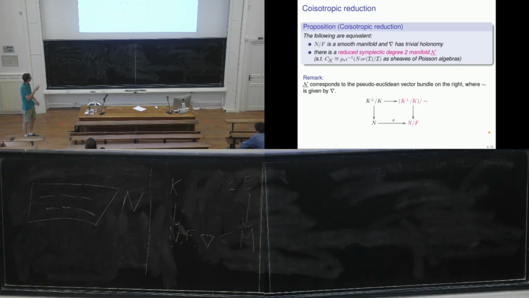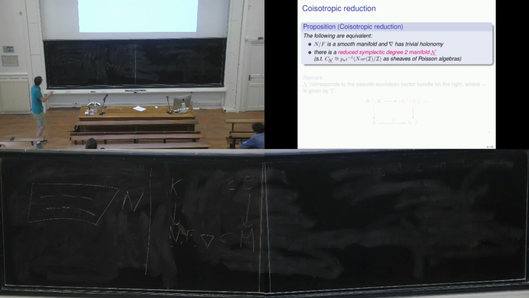What do you mean by reduced? What I wrote in the line below. The statement is that there exists a symplectic degree 2 manifold, denoted and underlined, with the property that its sheaf of graded commutative functions is isomorphic to the thing on the right there.